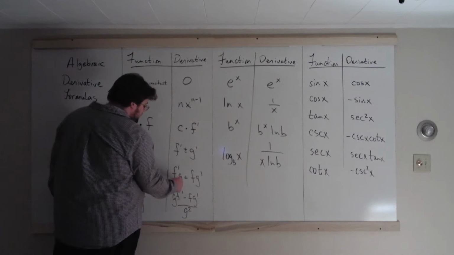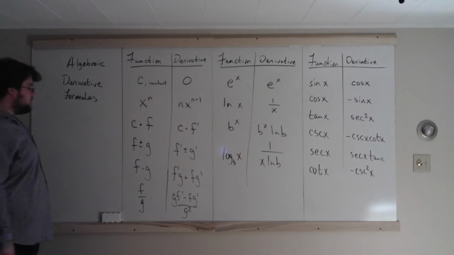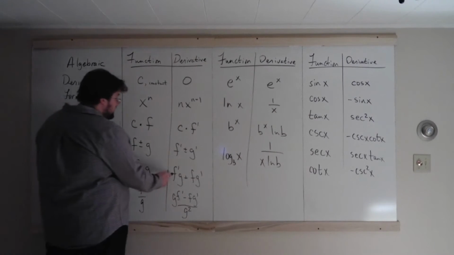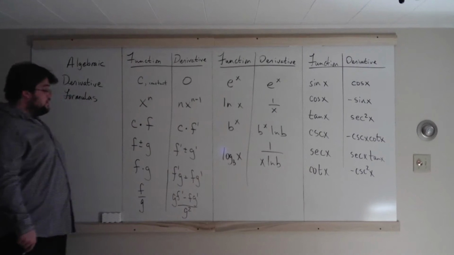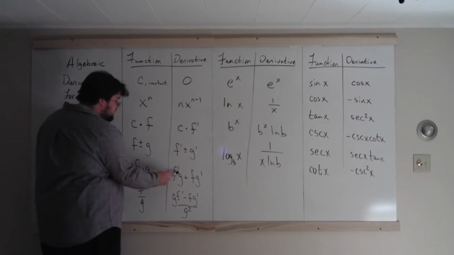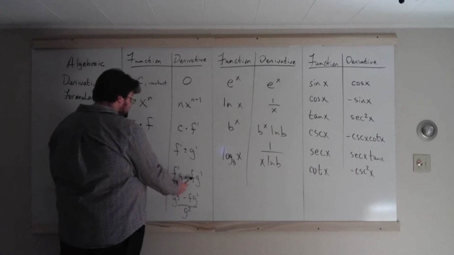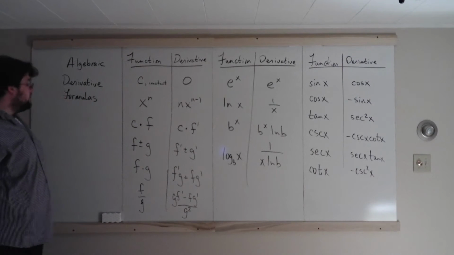With derivatives, you need to follow this formula for a product. Derivative of a product f times g is f prime g plus f g prime. So you do the derivative of the first one, multiply by the second, add the first times the derivative of the second.